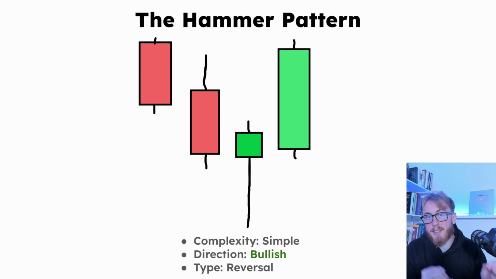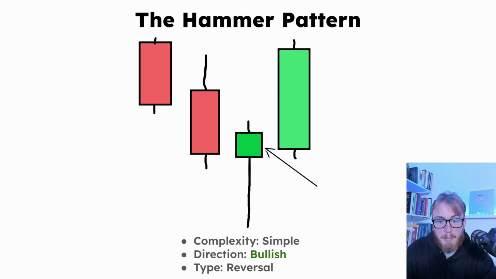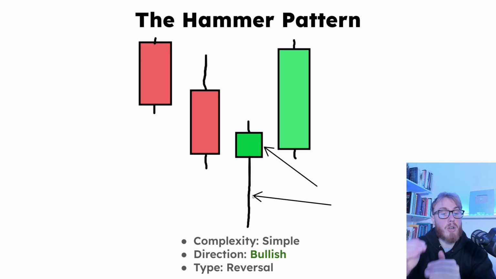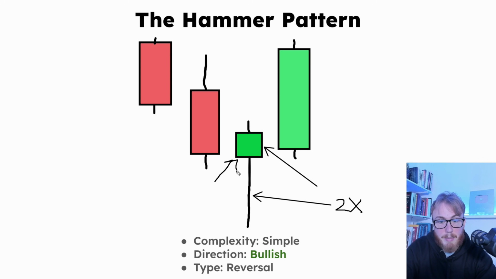To identify the bullish hammer pattern, we need to look out for two things. The first thing we want to look out for is that we want the body, or in other words, the wide part of the candle, to be pretty small. And at the same time, we also want to see a long lower wick. This lower wick needs to be at least twice the size compared to the real body.